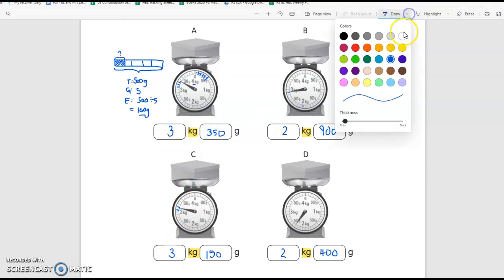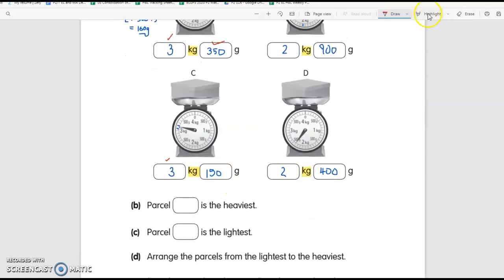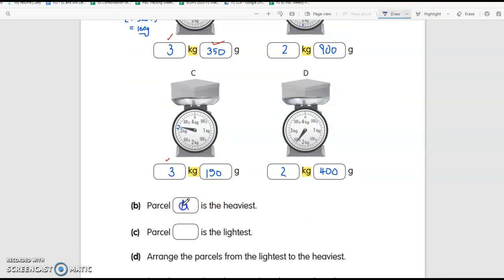So now we are going to look at the grams. 350 grams for A, 150 grams for C. So which is heavier? This, right? The bigger the number is, the heavier it is. So therefore, parcel A is the heaviest.